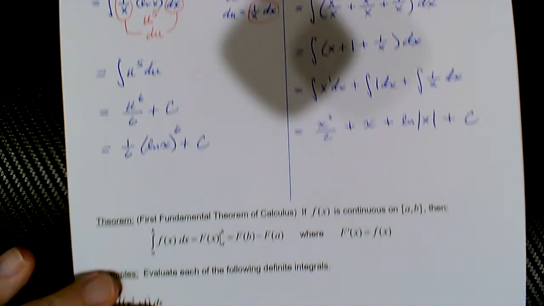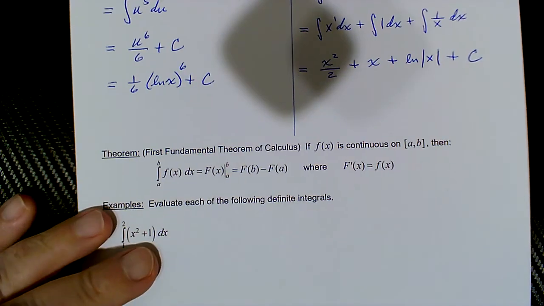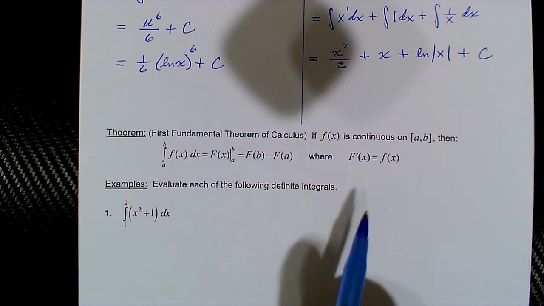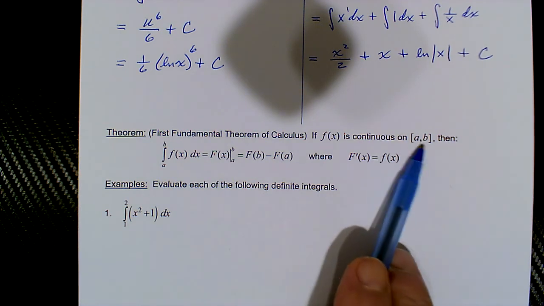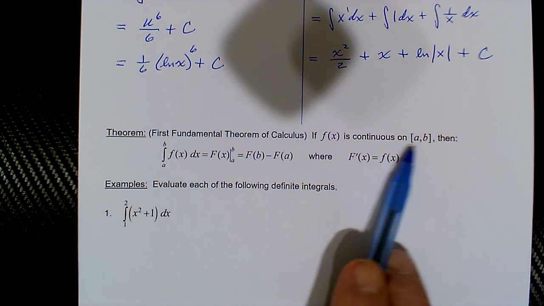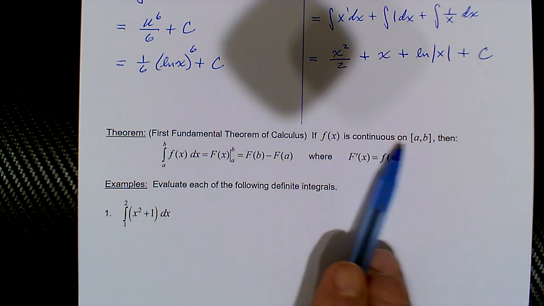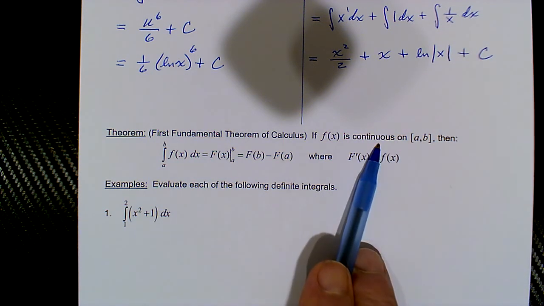All right, moving on, we have the first fundamental theorem of calculus, definite integrals. If we have a function that's continuous on a closed interval, okay, these things we've always kind of assumed in Calculus 1. We never really checked for continuity of the function and the interval being closed. But we'll get to situations later in the course where these are not true.